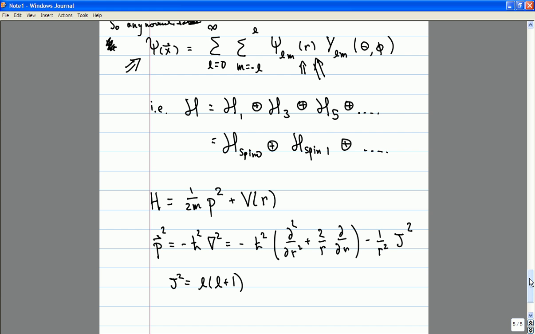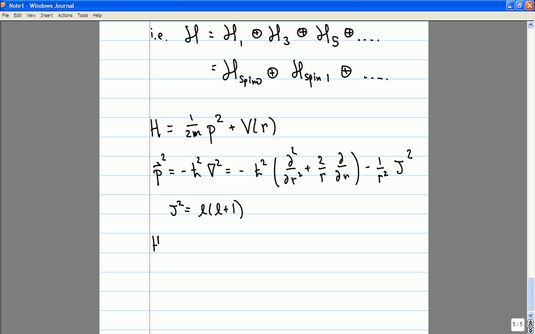And actually, it means that for the hydrogen atom, you have not a 3-dimensional rotation symmetry, but I think it's a 4-dimensional rotation symmetry, generated by angular momentum and this Runge-Lenz vector.